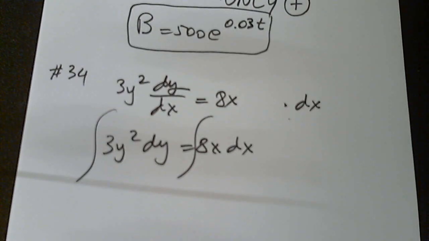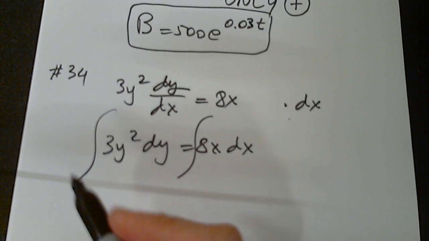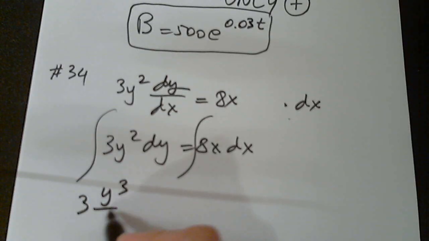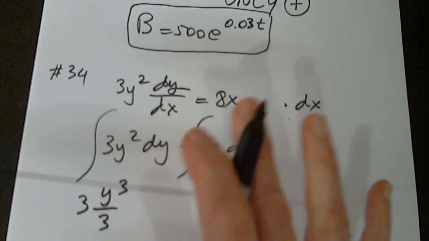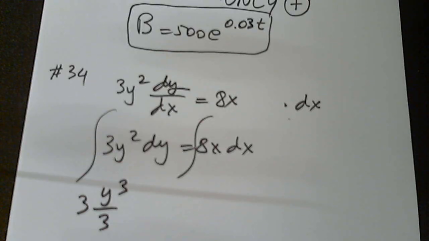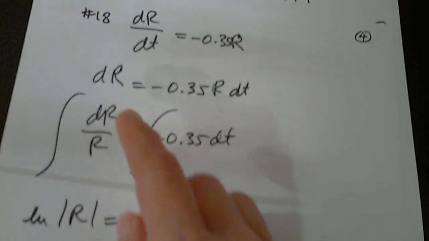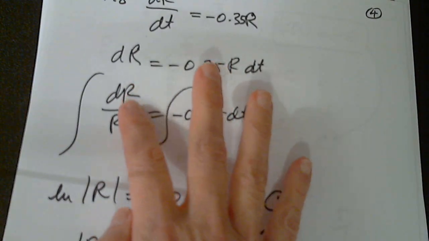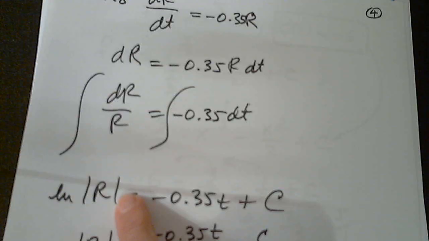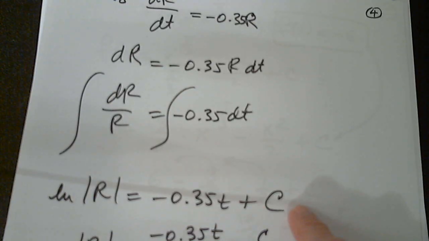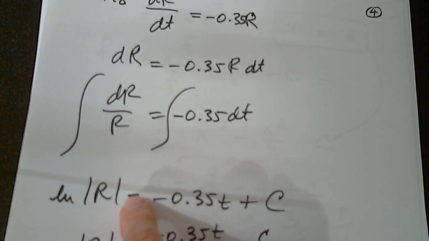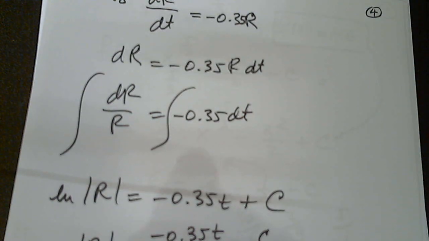We're applying the same operation to both sides. We're integrating. So the left-hand side is 3y cubed over 3. And notice I forgot to mention, let me mention from the beginning, we only use one constant. You can say, wait a minute, where is your constant? You have the constant here, but you don't have the constant here. We don't use two constants.